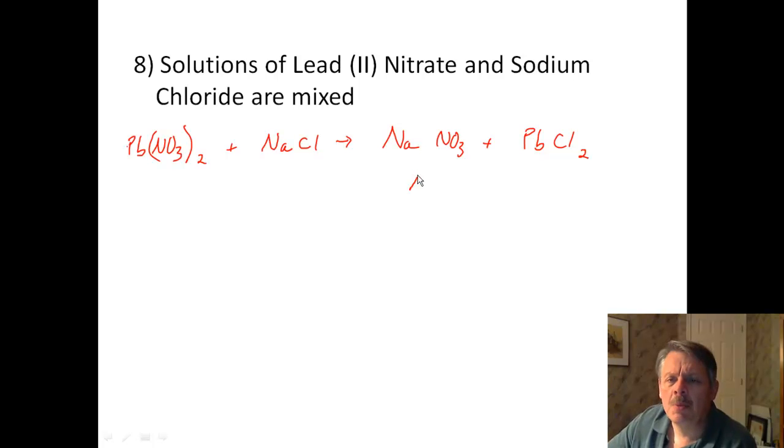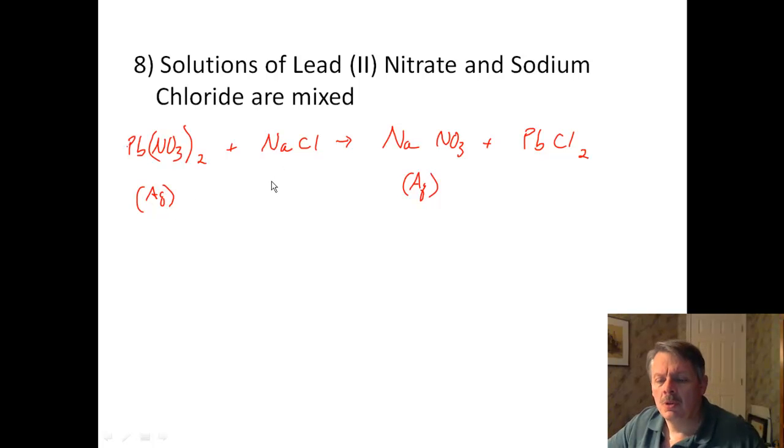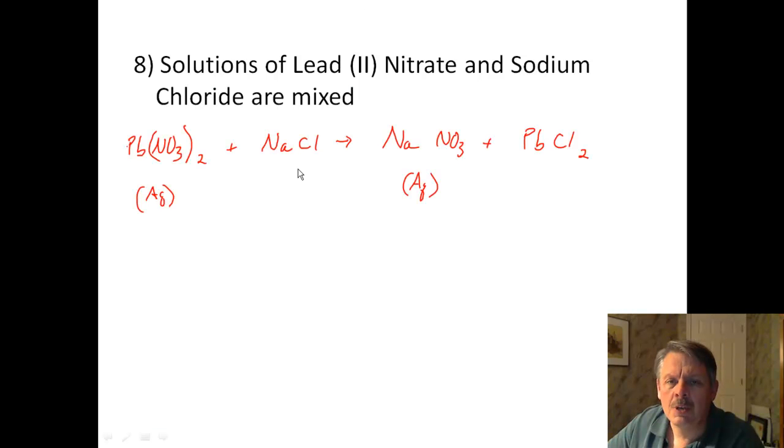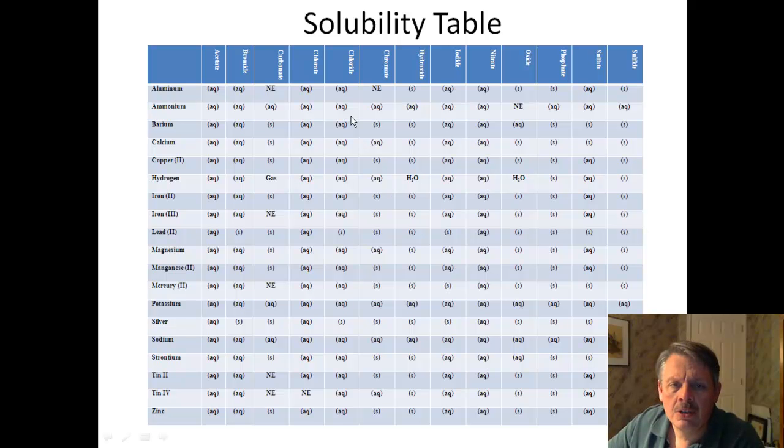Well, let's remember everything with nitrate is aqueous. And sodium chloride, oh yeah, it's got to be aqueous. Salt dissolves in water, right? Everything with sodium is always aqueous, so I don't even need to look it up. So we've got lead chloride. Let's look at lead 2 chloride.